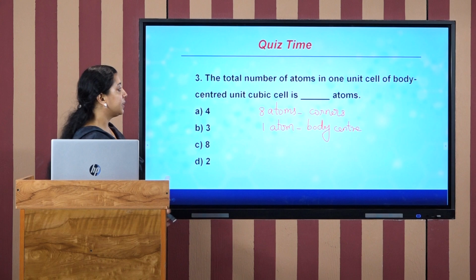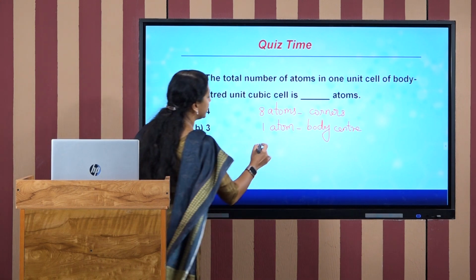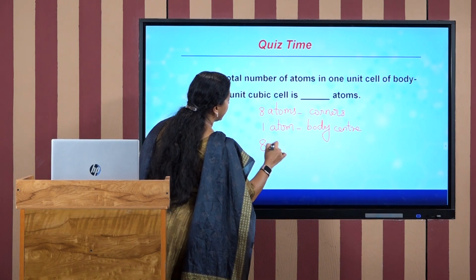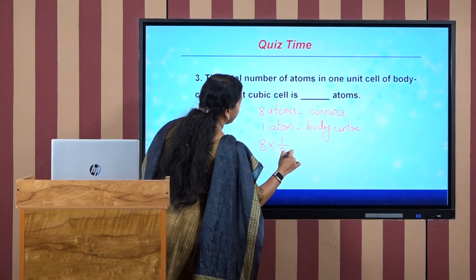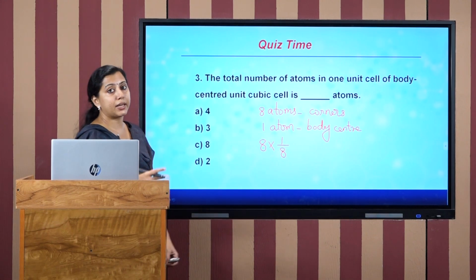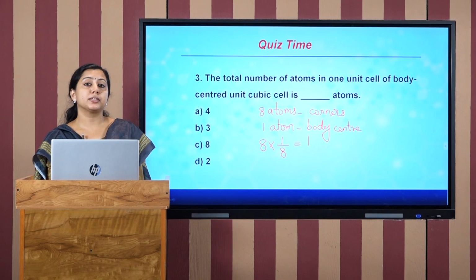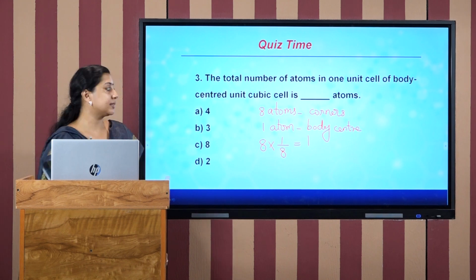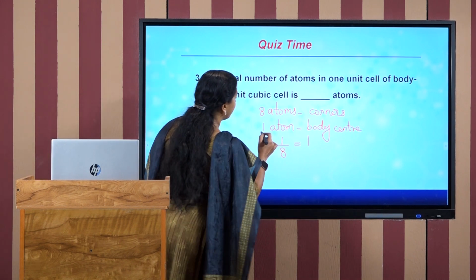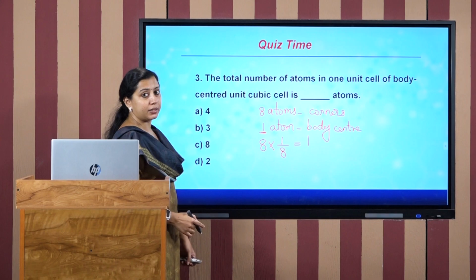and we have seen that the 8 atoms at the corners contribute 8 into 1/8, since each atom contributes 1/8. So, 8 into 1/8 is equal to 1. Now, there is 1 atom at the body center that is not shared by any other unit cells. So, the contribution is 1 itself from the body center.